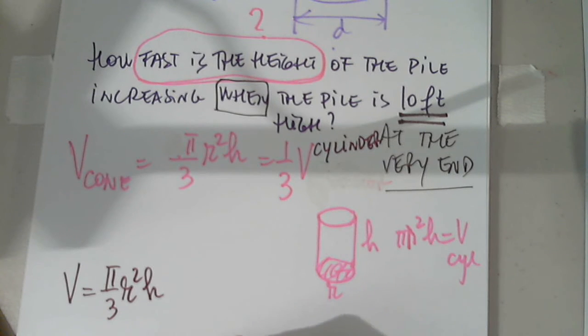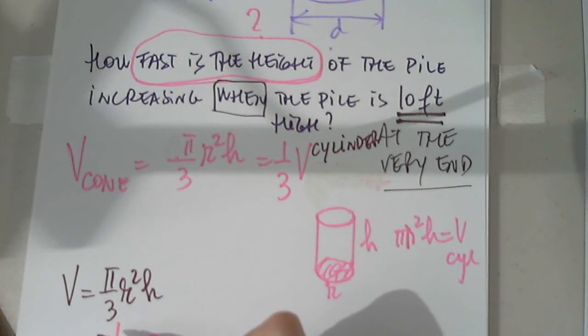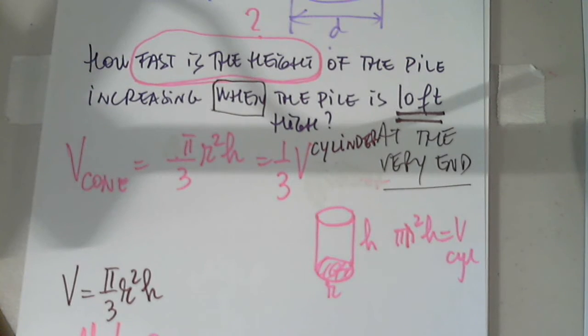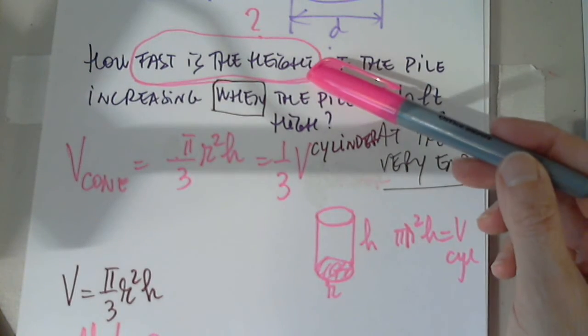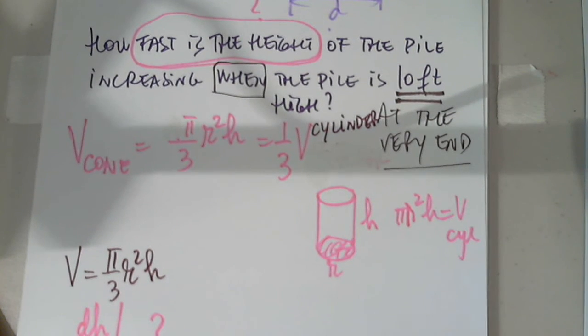What is the question? Is it dh/dt? dh divided by dt. Awesome. Great job. So how fast is the height changing? When? Blah, blah, blah. I don't need to know right now, but this is our question.